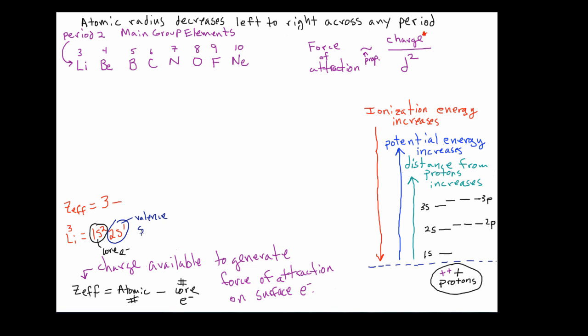Or another way of looking at it is this is your surface electron. How far this guy appears away from where the protons are is going to determine the diameter of this particular element.